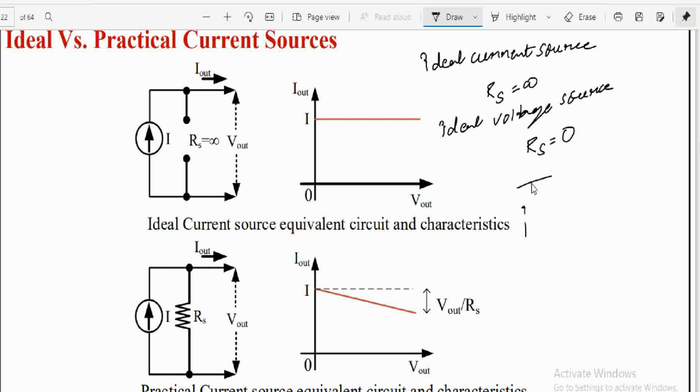For this one, I deviates from the constant value. The deviation is V out by Rs. Here the total current, what will be the I out? I out is equal to V out by Rs. The voltage across it is V out and the resistance is Rs.